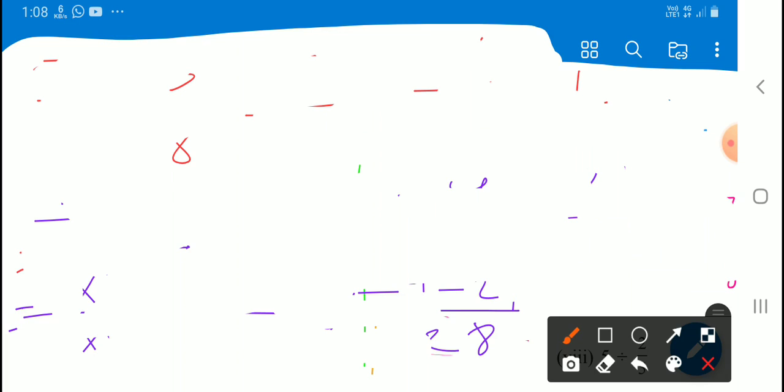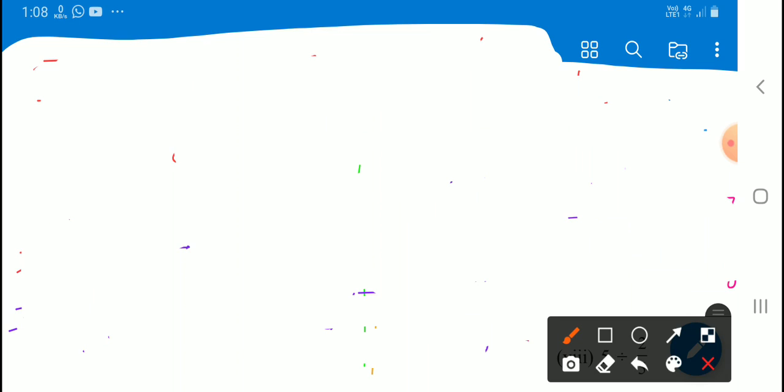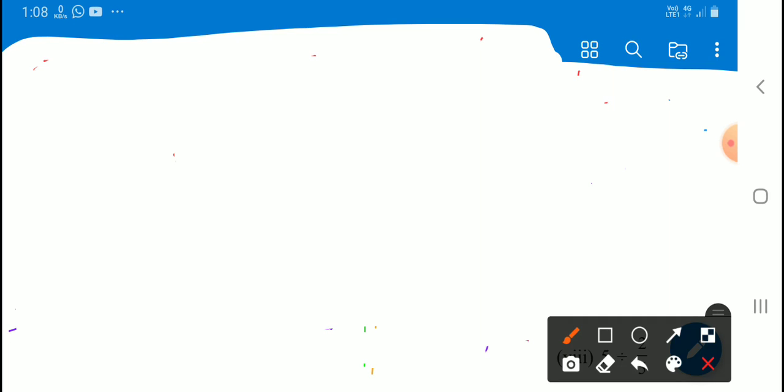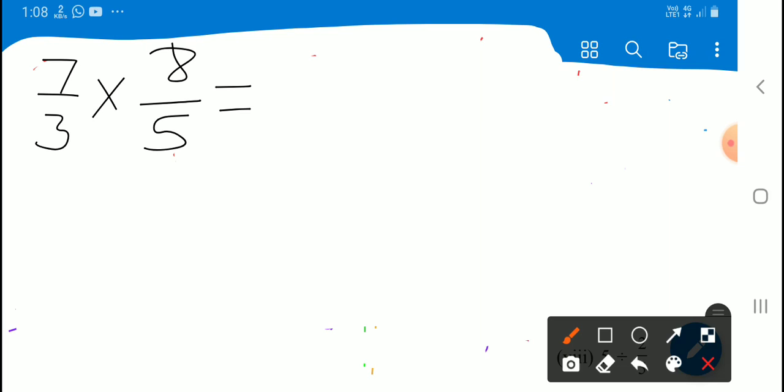So here also the same thing you have to apply. I will write the example here. Multiplication: 7 upon 3 multiplied by 8 upon 5. What I have to do? Multiply numerator by numerator and denominator by denominator.